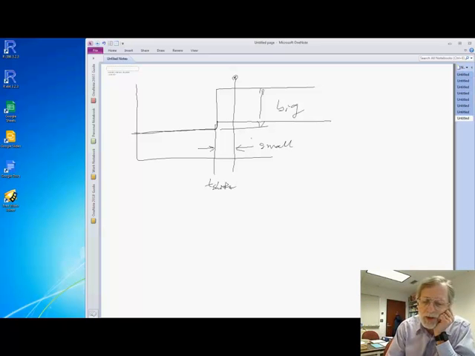So in this case, you get your signal out here. It might take a long time.